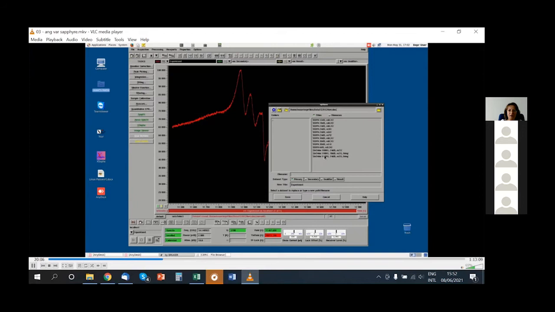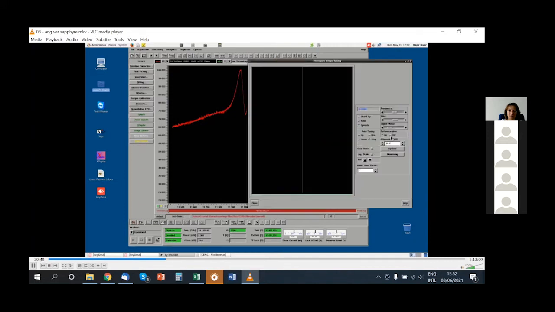Anyhow, for a single crystal experiment, you have to rotate at least 90 degrees, and you have to have a step of at least 5 degrees. So there are a lot of experimental points you have to gather, let's say.